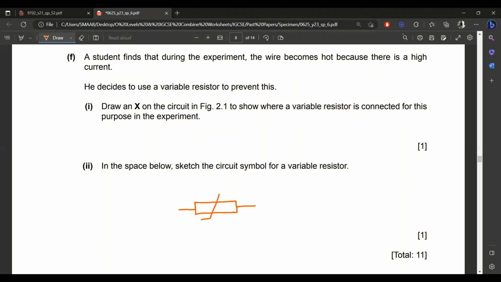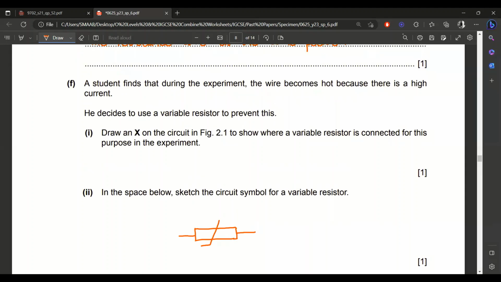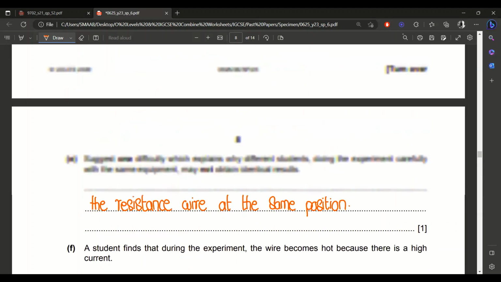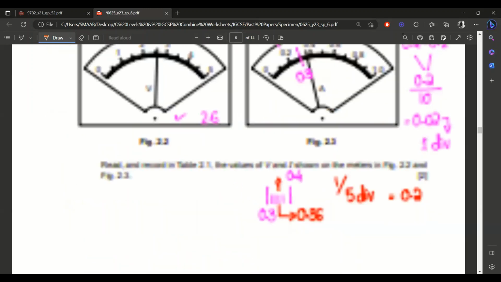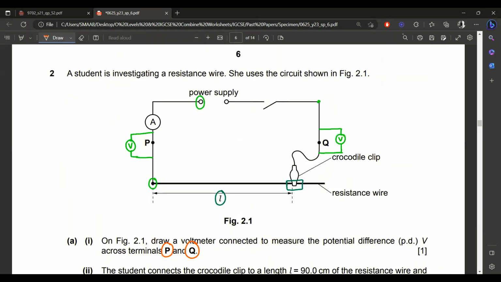So we have the symbol of a variable resistor and we have to draw an X on circuit 2.1. So we have to connect a variable resistor in the circuit. So where do we have to connect the variable resistor? On the resistance wire. But that is already provided.